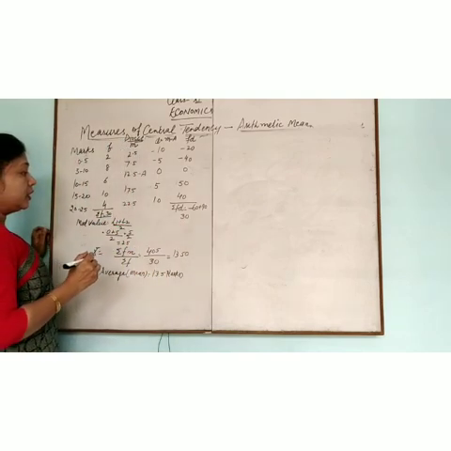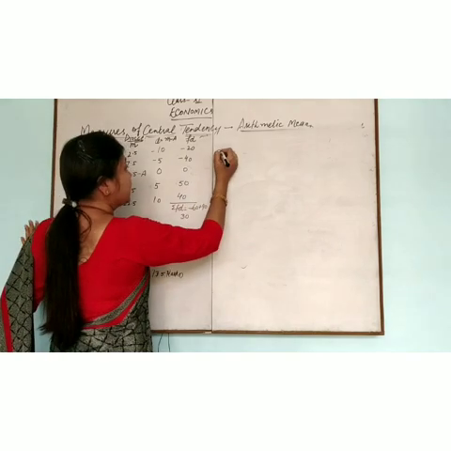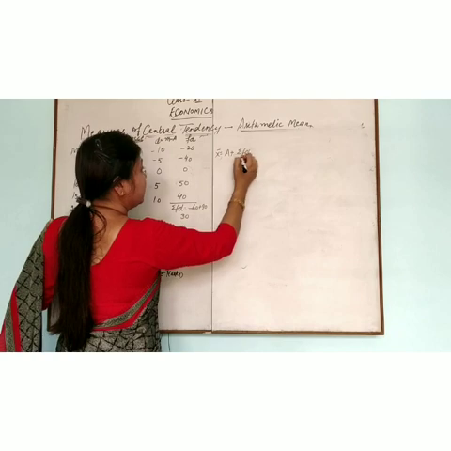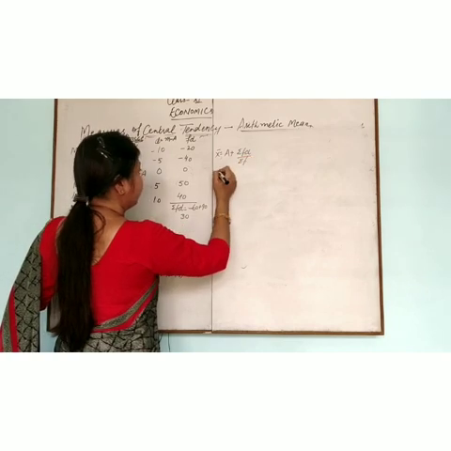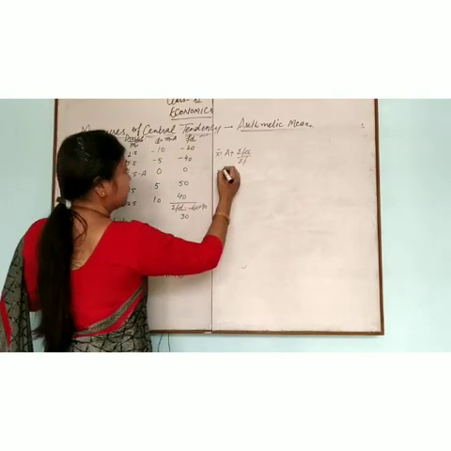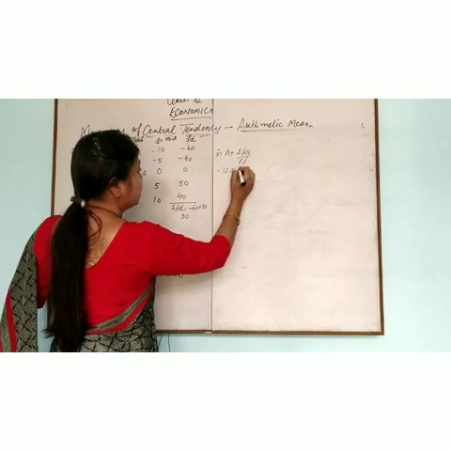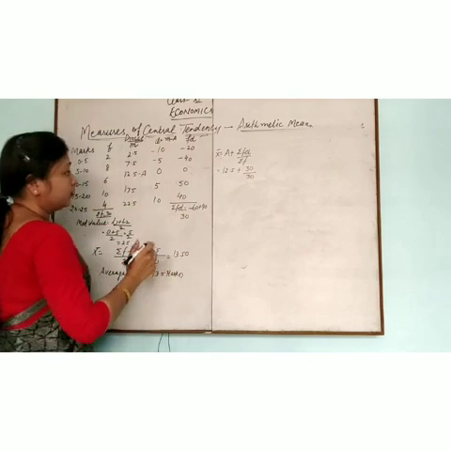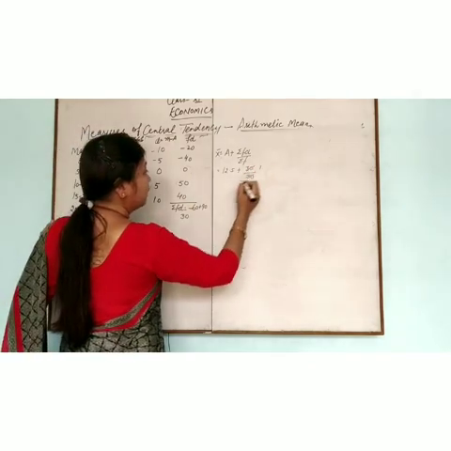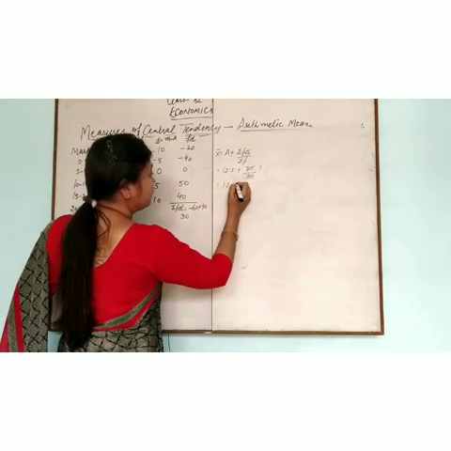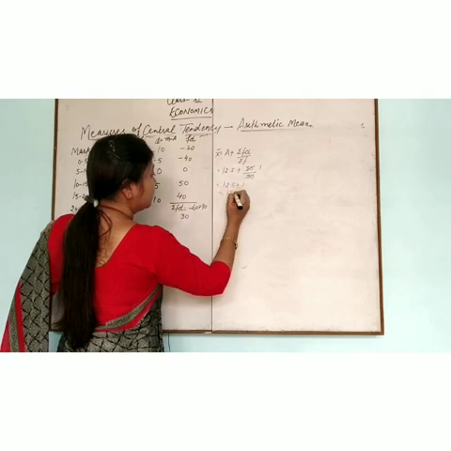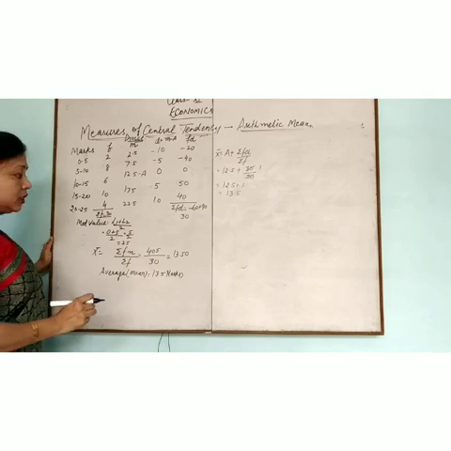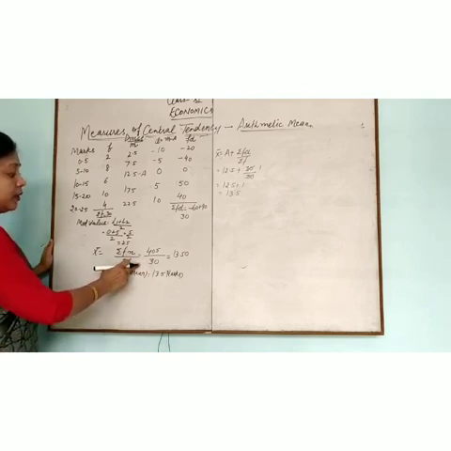Now the formula is x bar is equal to A plus summation FD upon summation F. Here the assumed value is 12.5 plus 30 upon 30, that is equal to 1. Then 12.5 plus 1 is equal to 13.5. This is your answer with the shortcut method.